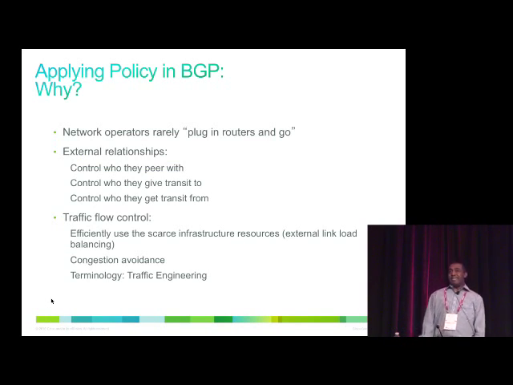In the case of ISPs, nobody just plugs in and configures eBGP peering and is done. That's not the case. It is heavily policy oriented. They need to control when they peer, who they peer with, what routes they receive from which peer, and how to load balance also for traffic engineering. So we'll see each one of these.